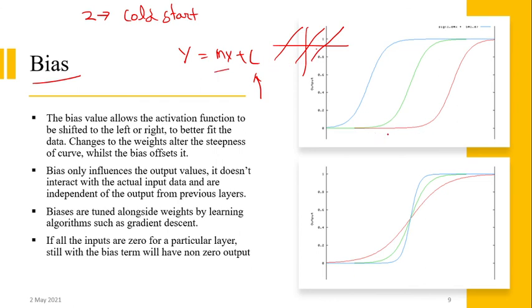The same thing happens with bias. If you are trying to modify the curve, then your weight value is responsible. But if you don't want to modify the curve but just want to shift it in the horizontal direction, then your bias comes into the picture. So these are the two major reasons bias is solving. So that's it for this video. Now we'll jump to the next video.